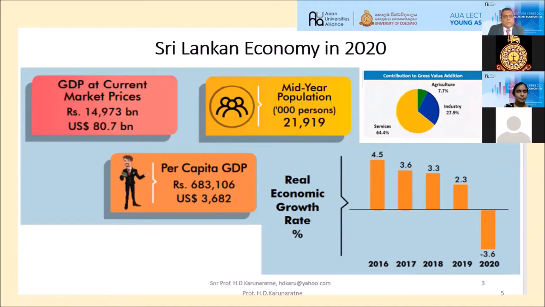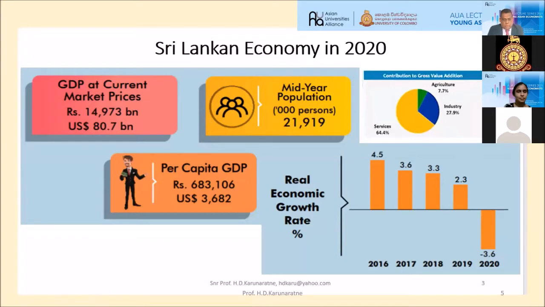We are going to talk about a crisis in Sri Lanka that can be understood by watching the next index in economics, which is the economic growth rate. Real growth rate, you can see here, during the last 5 years has been coming down gradually, and last year we recorded negative growth, negative 3.6, because in one quarter, particularly the second quarter last year, we closed down the entire economy, what we call lockdown.